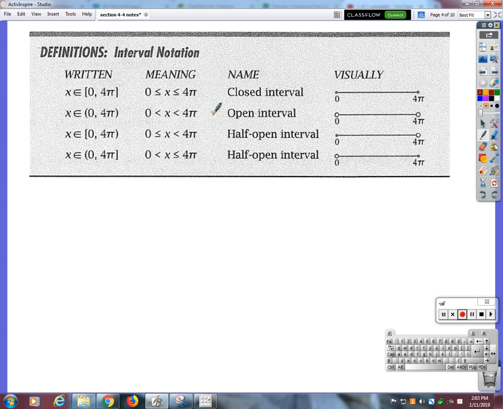So big, old, smart, real math people, instead of using inequalities, use what's called interval notation. And that's when you put it in brackets. So this right here, 0, comma 4 pi, means the same as x is between 0 and 4 pi.